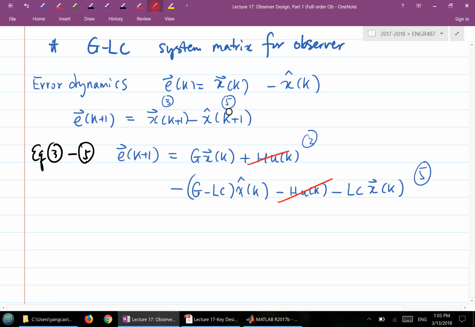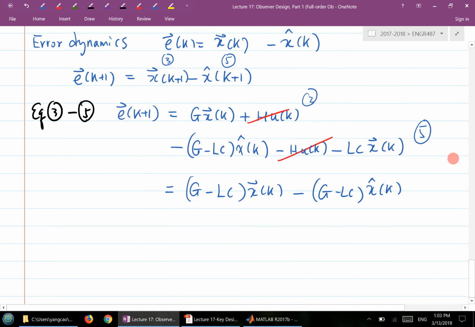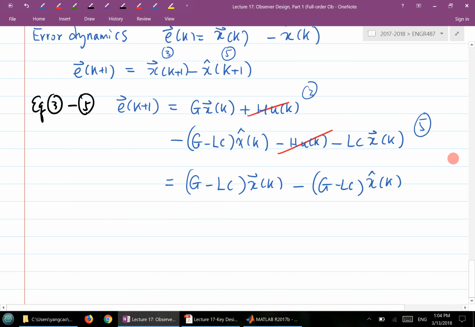And then for G x of k here and LC x of k here, what do we get? We get G minus LC. Group these two terms, x of k. Then minus G minus LC again, x hat of k, right? You got the same common factor right here, x of k minus x hat of k.